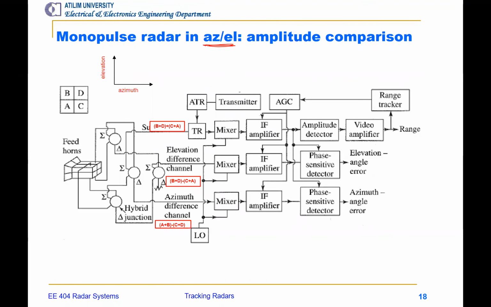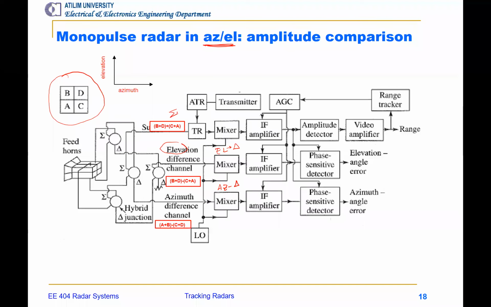As you can see, we have four antennas in here, and we got again three channels, one for sum, the other two for difference. One for elevation, so this is the elevation difference channel, and this is the azimuth difference channel, and this is the sum channel.